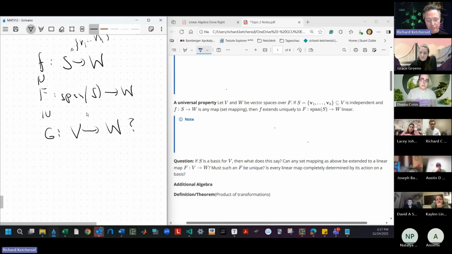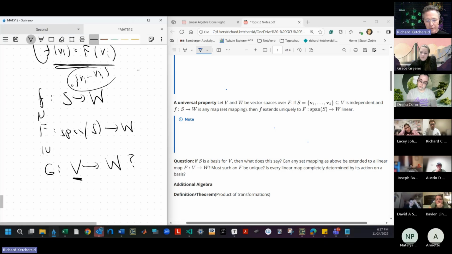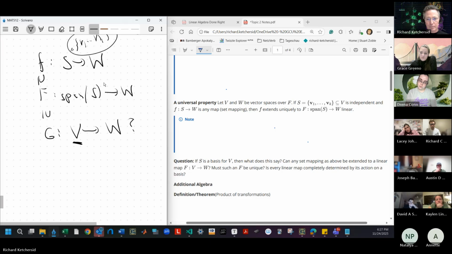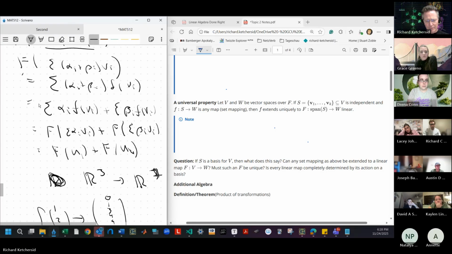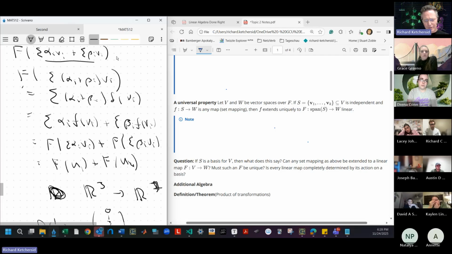Now, remember, I'm assuming that V is finite dimensional. And we're assuming these are linearly independent, right? By the way, in the argument I gave above, I was a little bit sloppy, so you should think about where I used the fact that things were linearly independent.